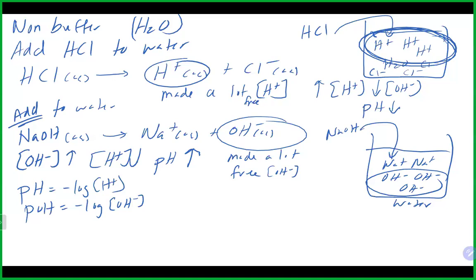And that's really the important part of it, is that we have now introduced into here a bunch of these ions floating around freely in there. Any questions on what happens in a non-buffer situation?